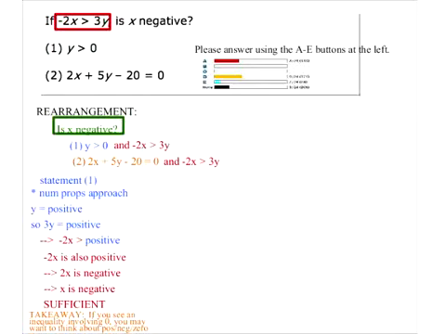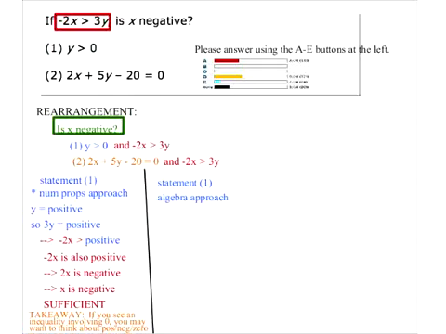Another approach to this statement, let's do another approach. If you didn't want to do the number properties approach, let's say you felt like doing algebra, you can do that too. Statement 1, algebra approach. So y is greater than 0, negative 2x is greater than 3y.